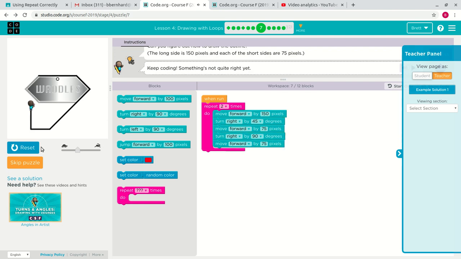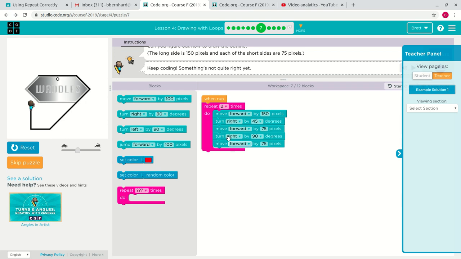Uh-oh, something went wrong. Okay, that's okay. What did we miss there? Before we repeated, we need to turn another 45. Remember we had the 45 up here, so we need to turn a 45 down here before we move forward.